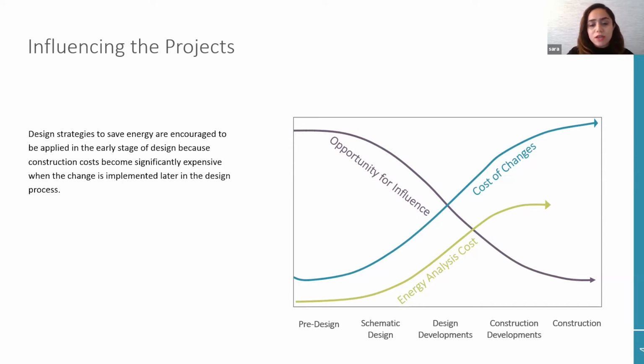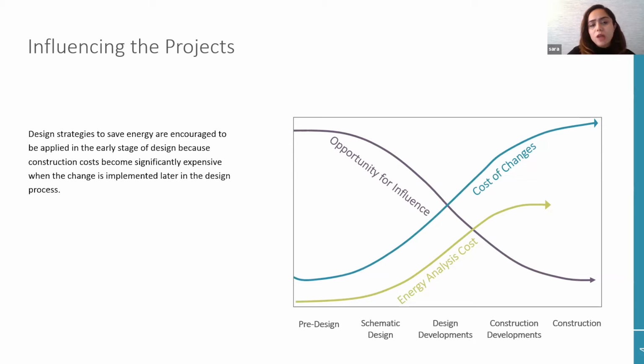We have pre-design, schematic design, design development, construction development, then construction. The purple line shows the opportunity of influence, which is very high early on. Then as the design progresses through design development and construction, the amount of influence we can have gets lower and lower.